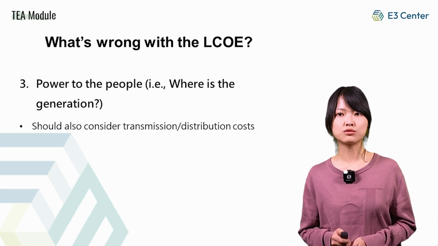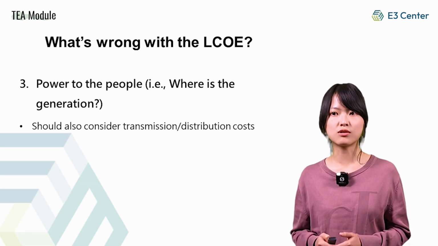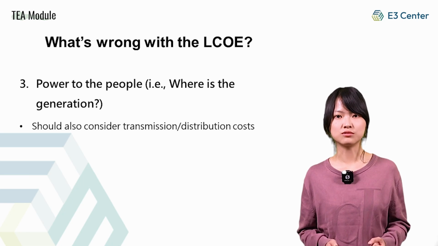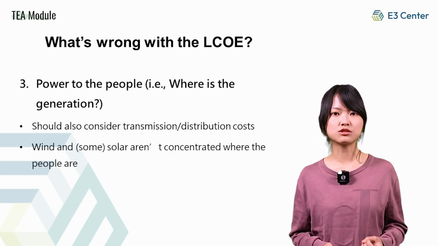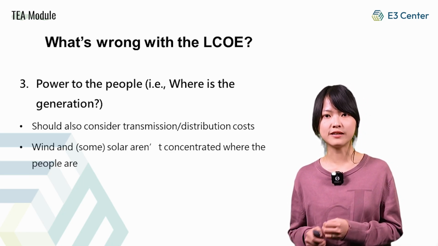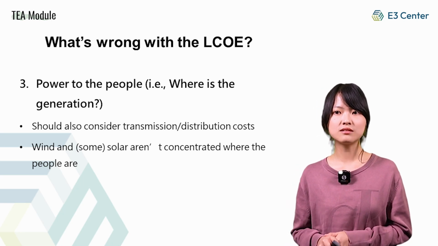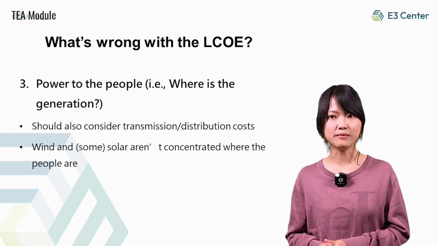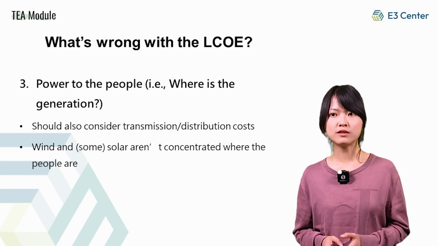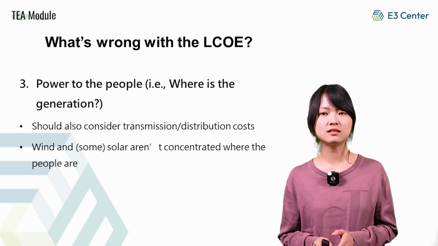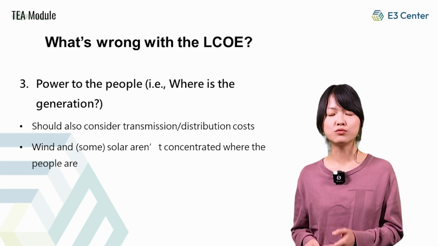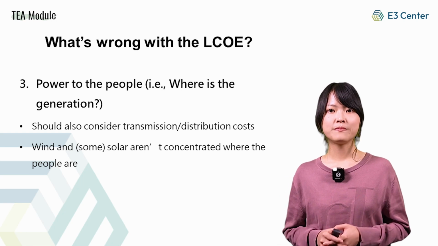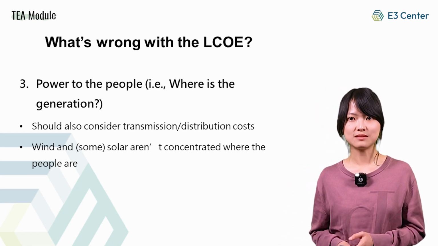The third challenge with LCOE concerns the geographic distribution of power generation. In other words, where is the generation? Renewable energy sources such as wind and solar often face a significant challenge. They are not always located near the areas of the highest electricity demand. For example, large wind farms tend to be situated in remote areas where the wind is plentiful but far from the urban centers, where electricity is most needed.